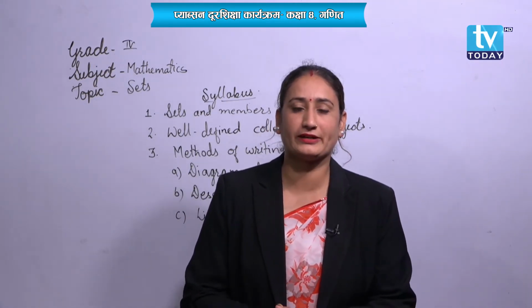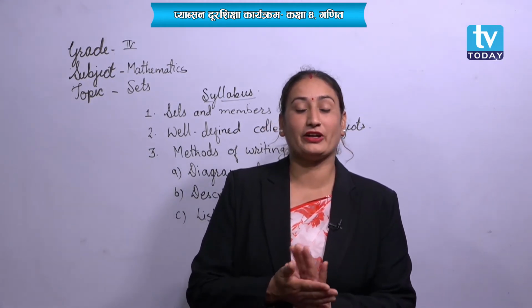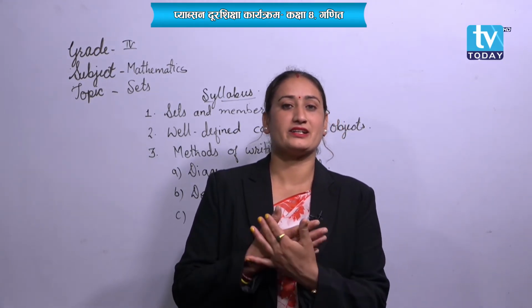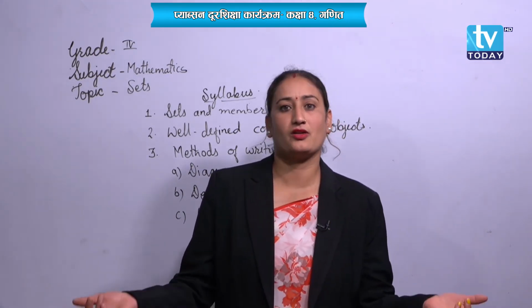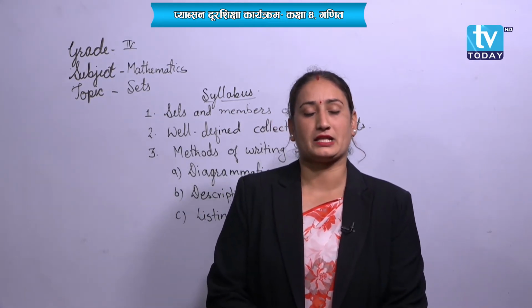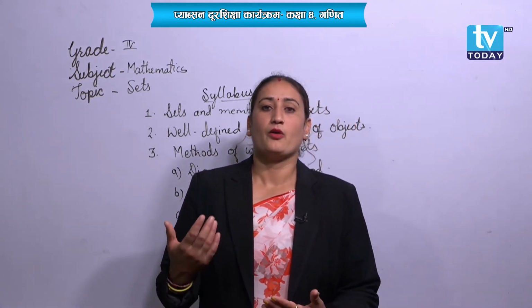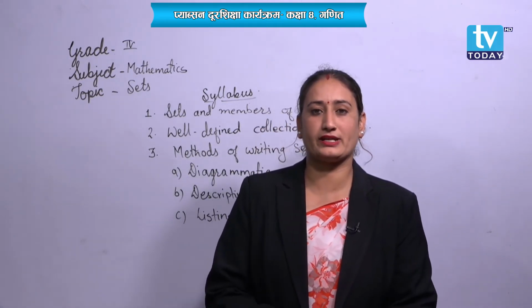Well-defined or not well-defined? Wow, very good. It's non-well-defined because long hair, how long? We don't know about it. That's why it's non-well-defined. So, do you have any queries on it?